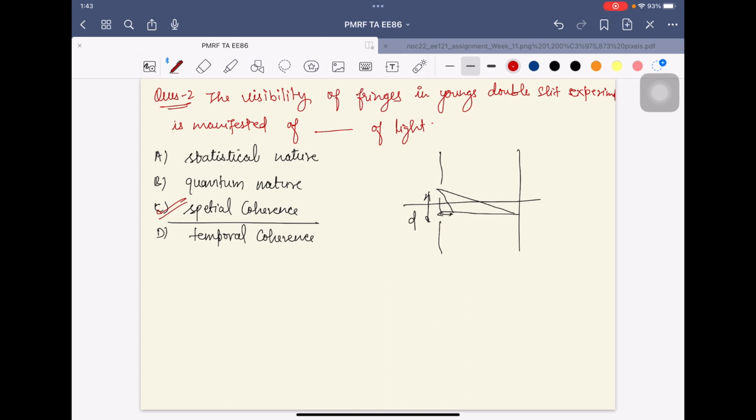So statistical nature, I don't think this visibility of fringes can be explained on the wave nature, right? So it does not manifest as a quantum nature of light, as well as temporal coherence also is not valid, and this statistical nature is also not valid for this. No need of this statistical nature to define the Young's double slit experiment. Okay, so we can eliminate these three options, and the correct answer we can choose spatial coherence. Okay.